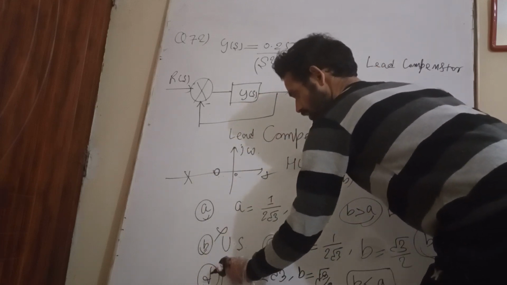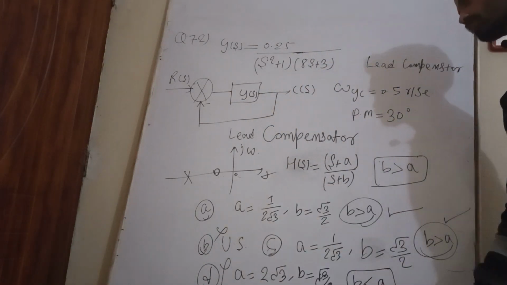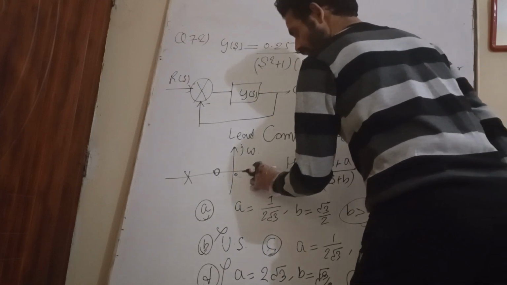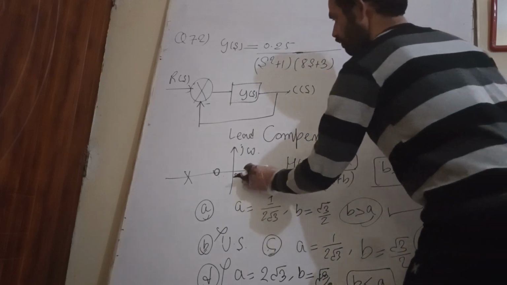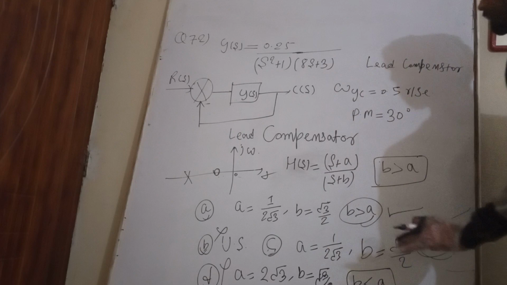So B and D we should not take into consideration, because B is unstable, since the pole is lying on the right half of the S plane. And D is not satisfying the lead compensator condition, it is a lag compensator.